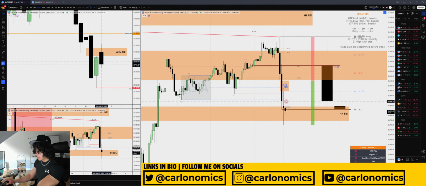Going to see if we want to trade higher and rebalance this 15. This 15 also aligns with this breaker. So if we do want to respect bearish order flow, we'll see.